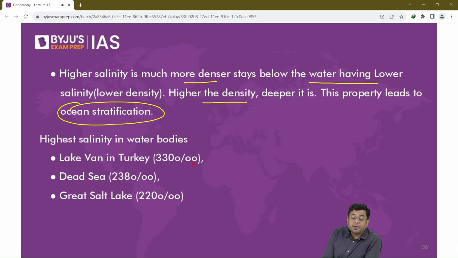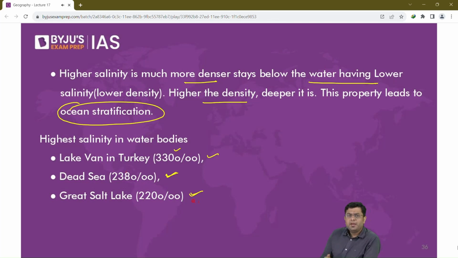Now, when we talk about the most saline waters in the world, you have Lake Van in Turkey, then you have the Dead Sea, then you have Great Salt Lake. Lake Van has salinity levels of almost 330 parts per thousand. That means in 1 kg of water, you have 330 grams of salt. In the Dead Sea, in 1 kg, you have 238 grams.